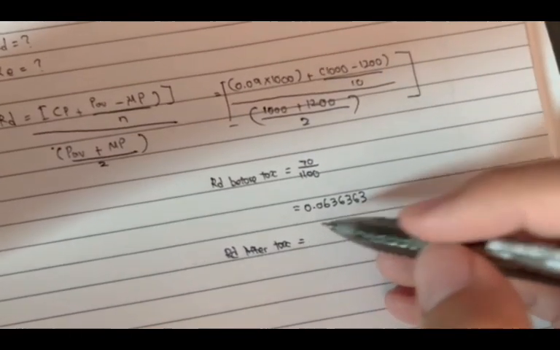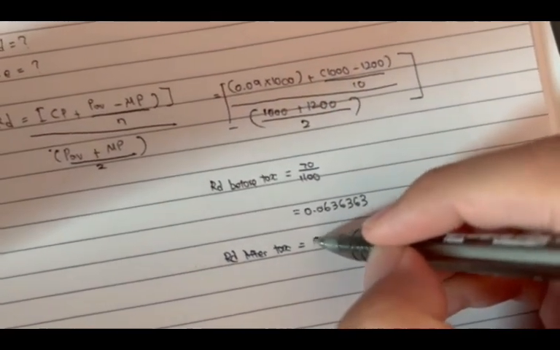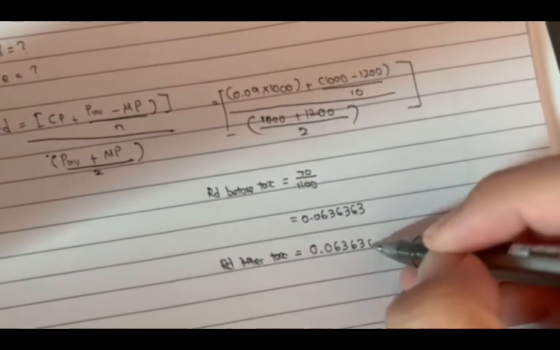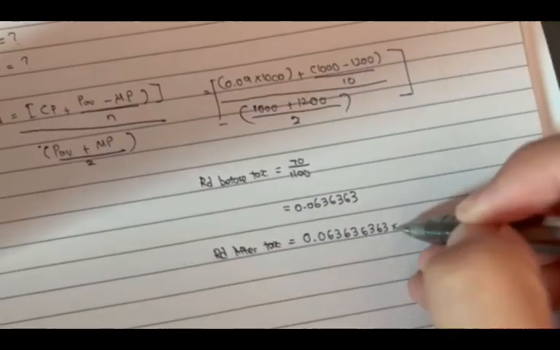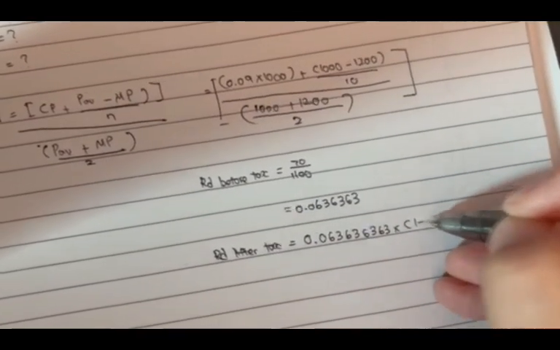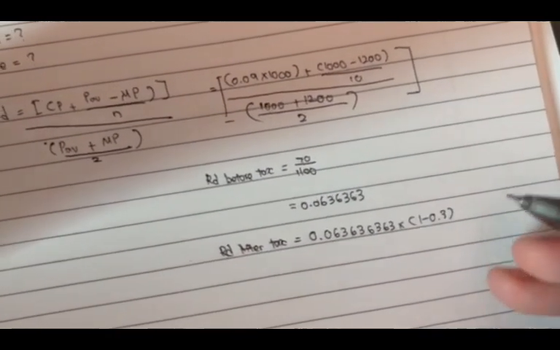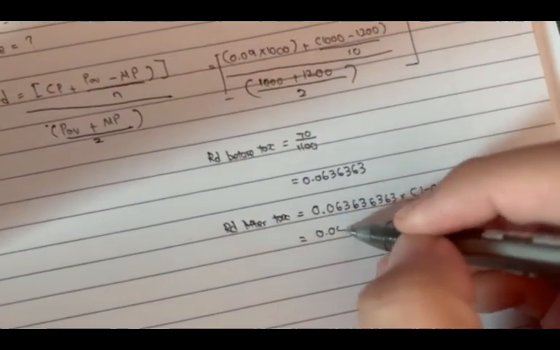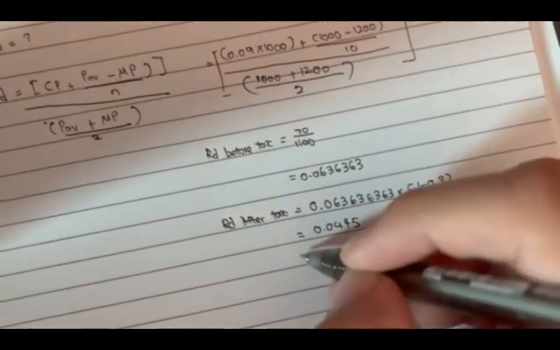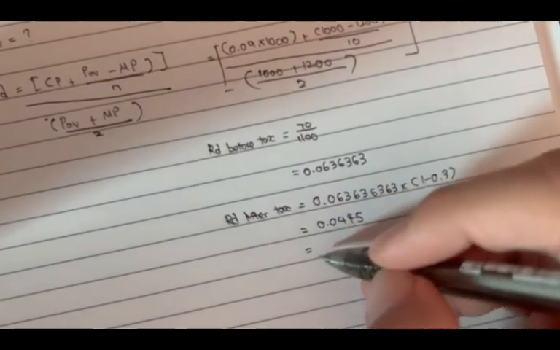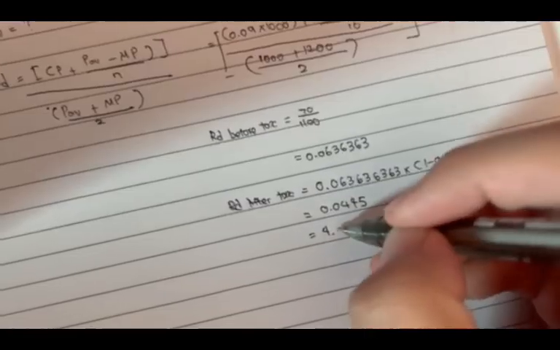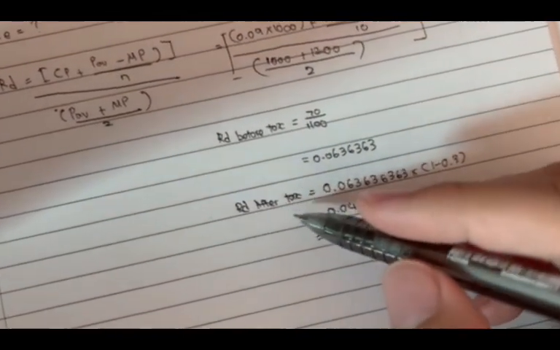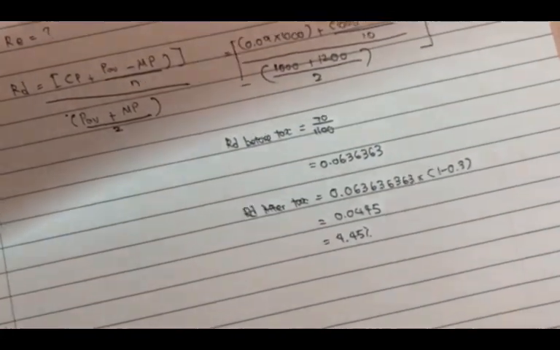So 0.06363 times 1 minus 0.3, you will get about 0.0445, or 4.45% as a percentage. So this is our RD after tax.